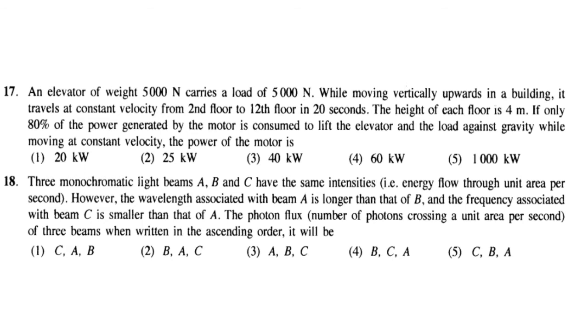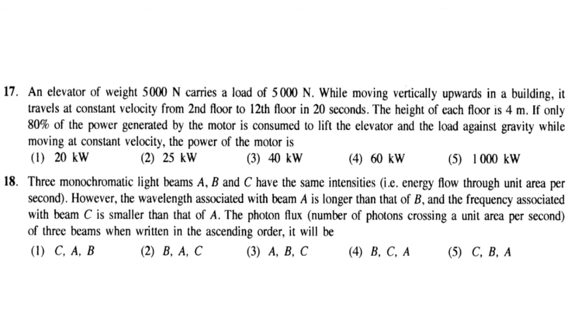Question number 18. Three monochromatic light beams, A, B, and C. They have the same intensities. However, the wavelength associated with beam A is longer than that of B. So we can write lambda A is greater than lambda B, and the frequency associated with beam C is smaller than that of A. That is, fC is smaller than fA.